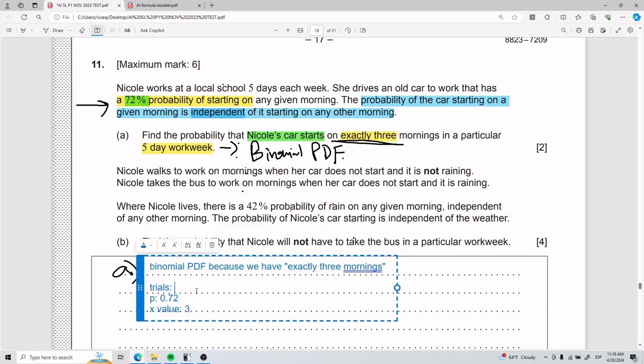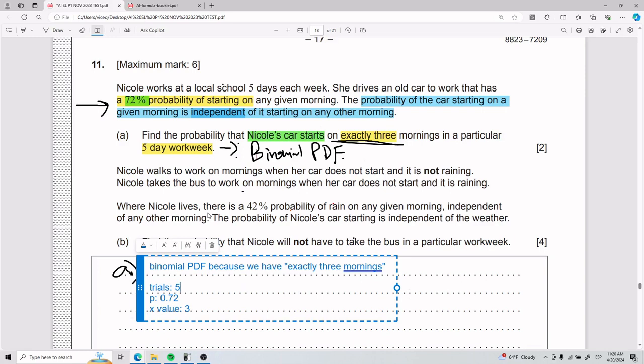All right. And now for trials, think about it this way. You want it to start 3 times out of how many days? So 5 days because it's a 5-day work week, right? And so trials will be 5 because there's 5 days in a work week.